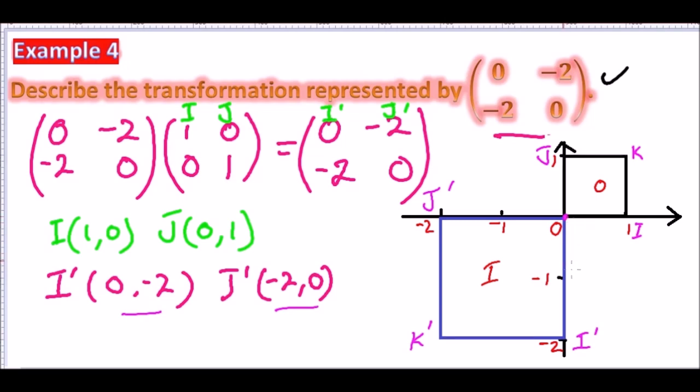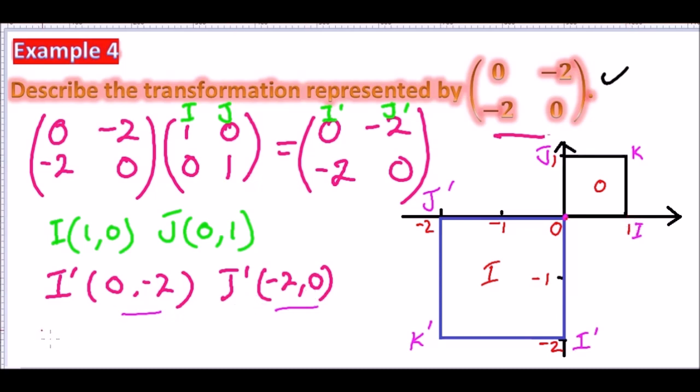So when an object is reflected on the opposite side of the center of enlargement, we say that the enlargement factor is minus. If you look from 0 to I, it is half this. So the distance from the origin to I prime is twice the distance from the origin to I.